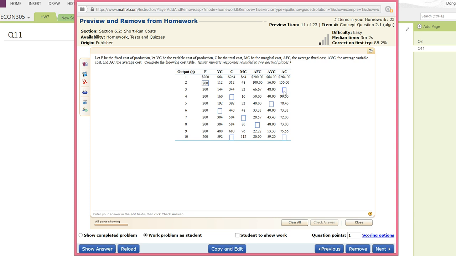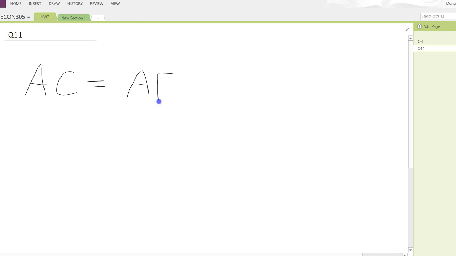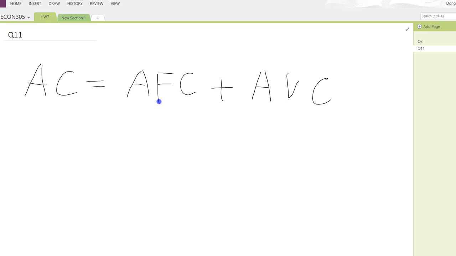So the relationship is that the average cost equals average fixed cost plus average variable cost. So let me write down the relationship here. Average cost equals average fixed cost plus average variable cost, right? Why is that?